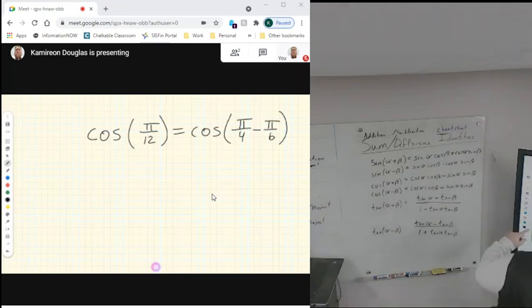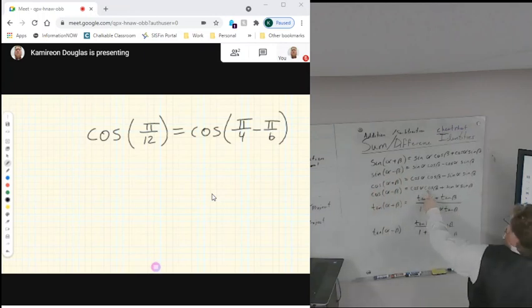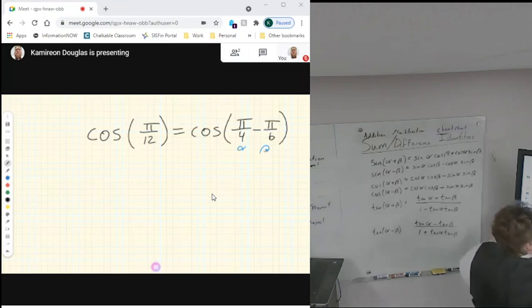I'm doing a subtraction problem, so I'm doing the difference formula. I go to cosine, I'm using this fourth formula on the board here. It says cosine of alpha times cosine of beta, so again, my alpha, my beta. Here we go.